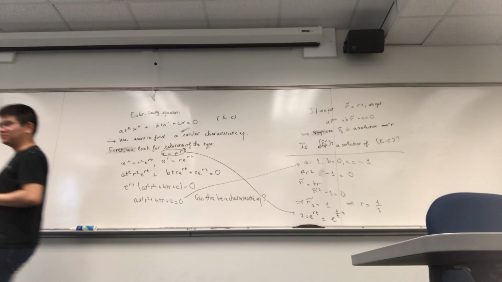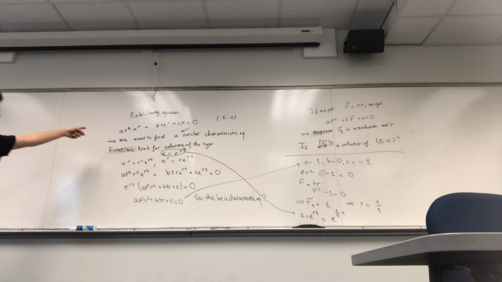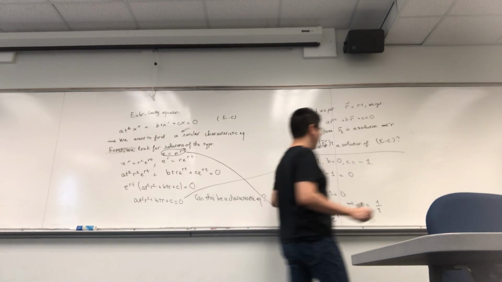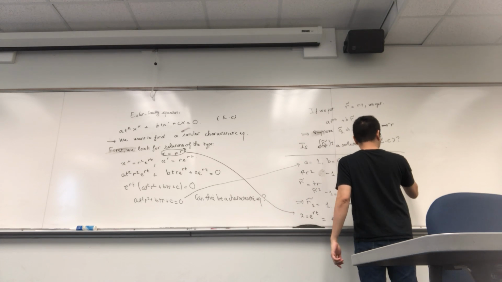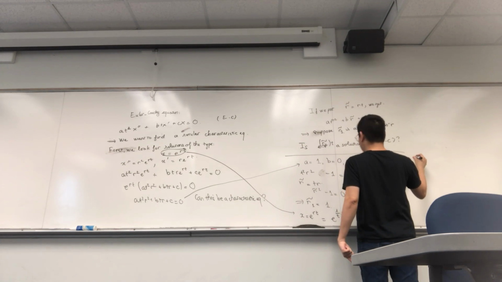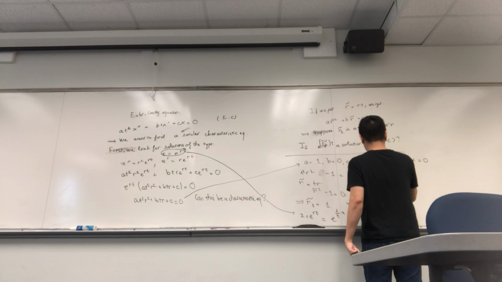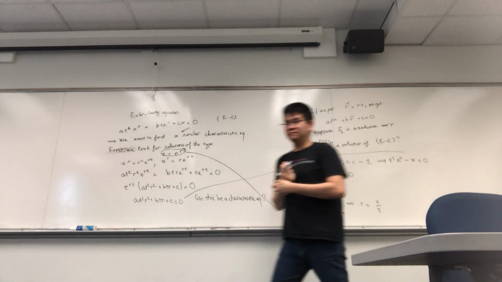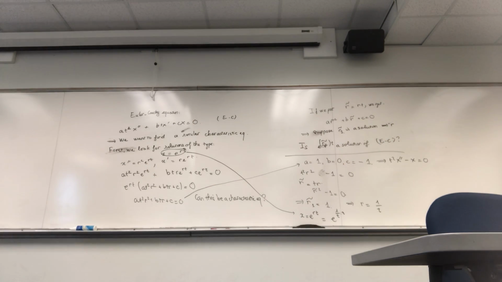Is it a solution of the equation? The equation should be what? The equation is t squared x second minus x is 0. Is this a solution?